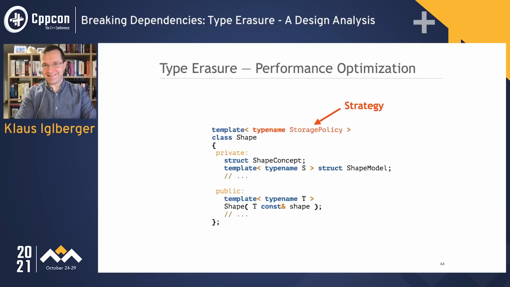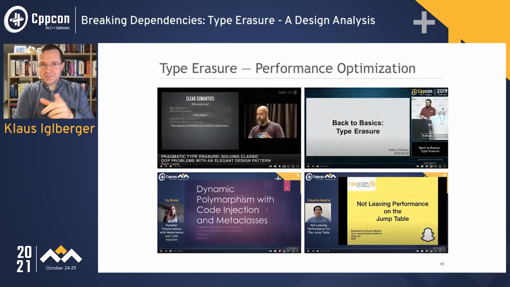Just a side note, yes, that's a strategy. There is many talks. So, for instance, Zach Lane talked about this. Arthur Dwyer gave an introduction talk, still shows a couple of things that he can do to optimize. Cy Brandt and Eduardo Madrid are definitely two people that have a lot of ideas how to optimize the code. There is indeed a lot that they can do.